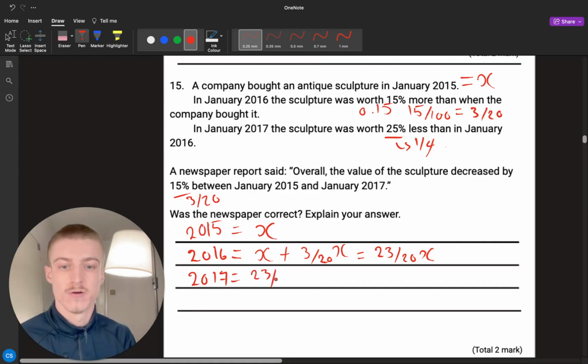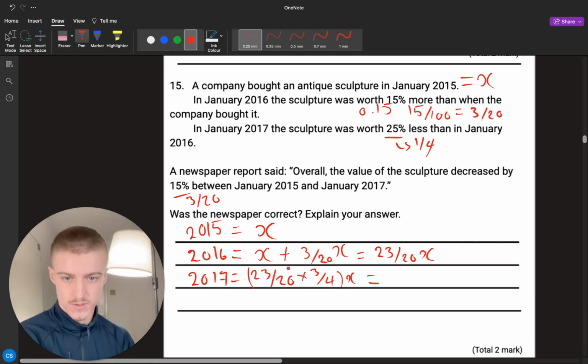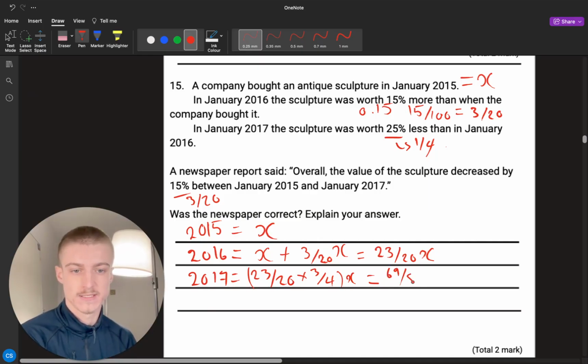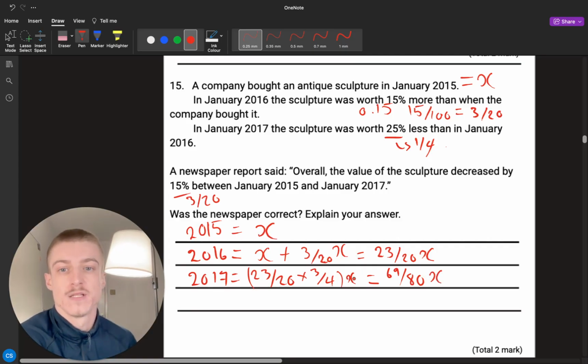So 23 over 20, I'm just going to multiply by 3 over 4, lots of X. So 3 times 23 is 69, and 4 times 20 is 80. So that's how much it was worth in 2017.